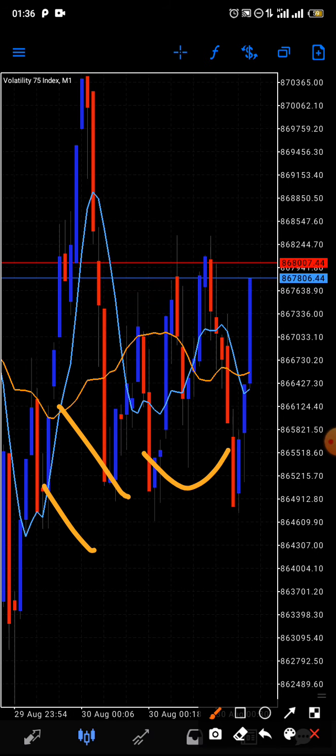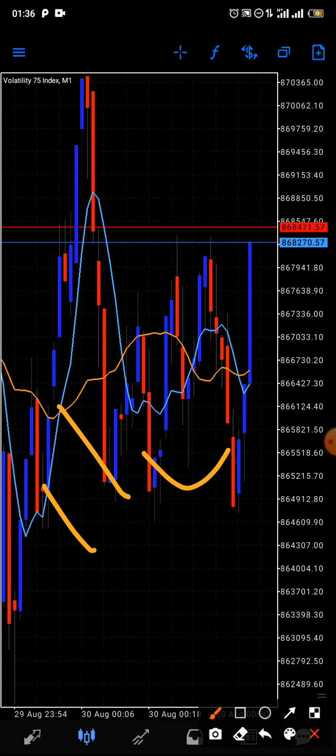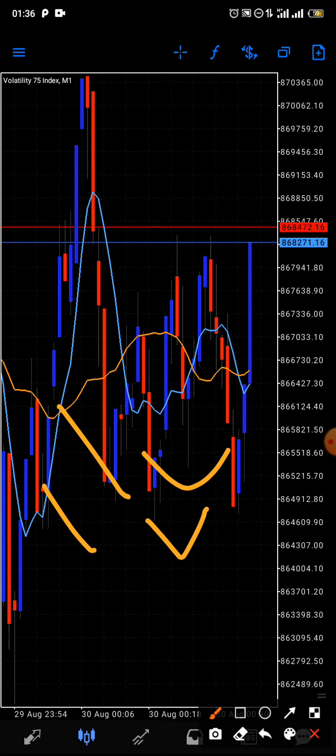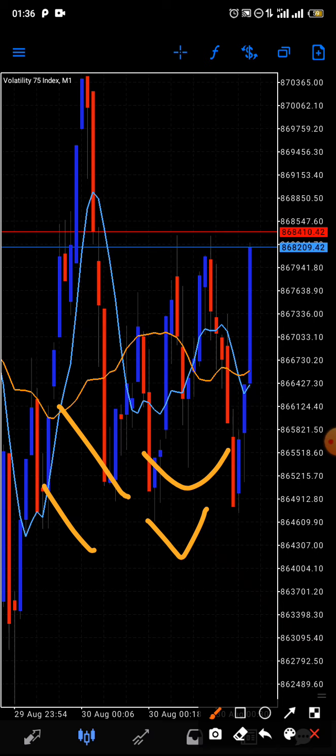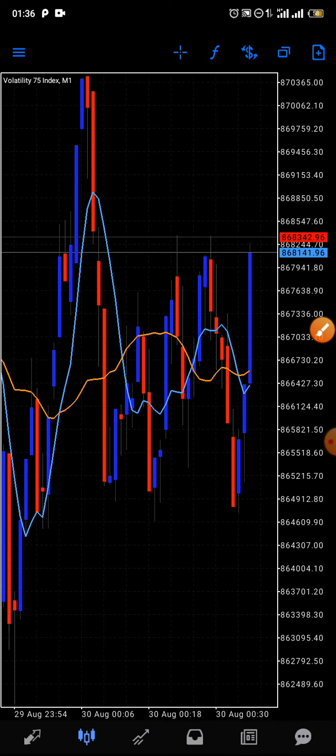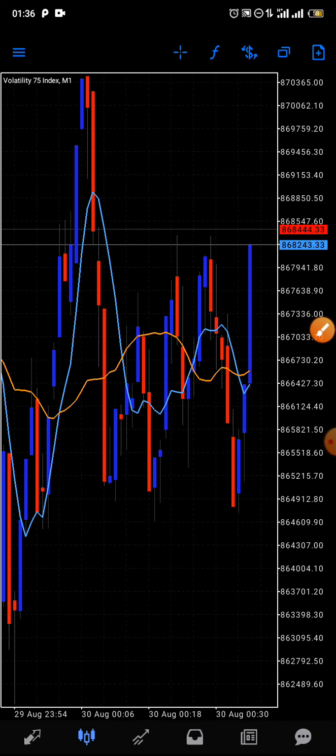Our 20 moving average is bending that way, and our 7 moving average is coming this way, which means after 2 more bullish candles, it closes and crosses to give us a buy, and that would have made me take a serious loss.